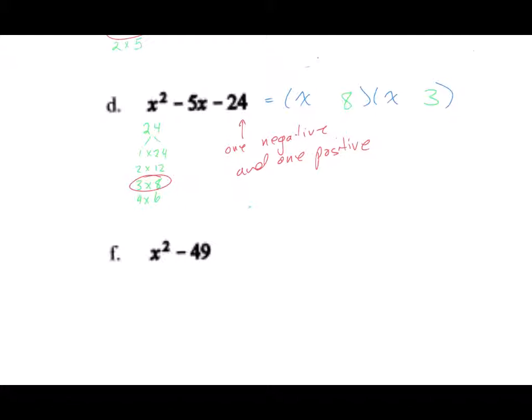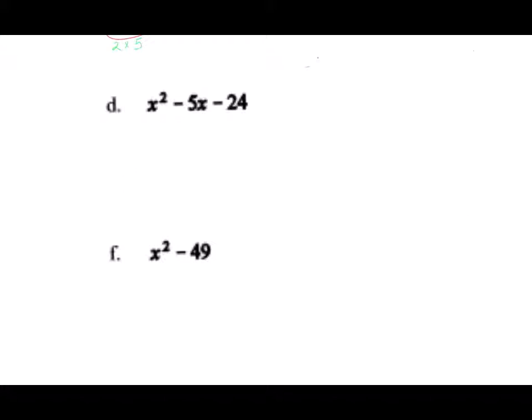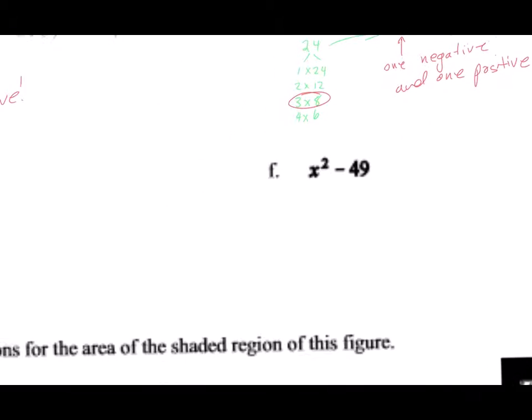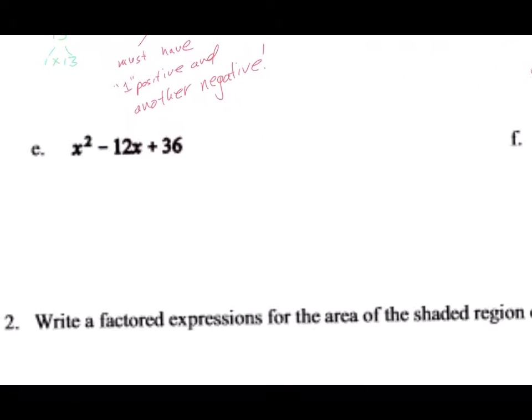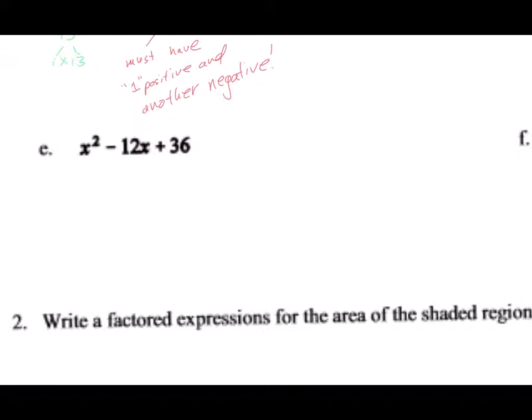So we end up with negative 8 and positive 3, because negative 8 plus positive 3 gives negative 5x. So now let's take a look at this next problem here.